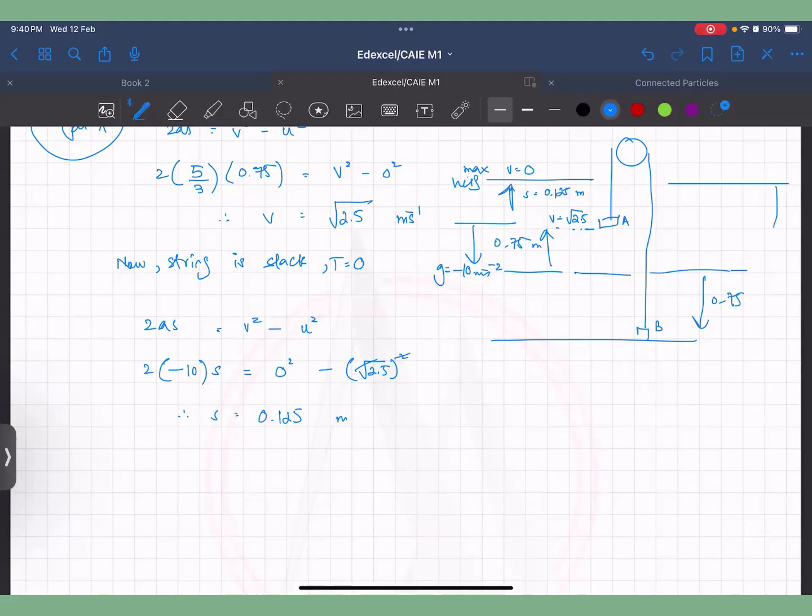It would be 0.75 plus 0.75 plus 0.125, which is 1.625 meters.